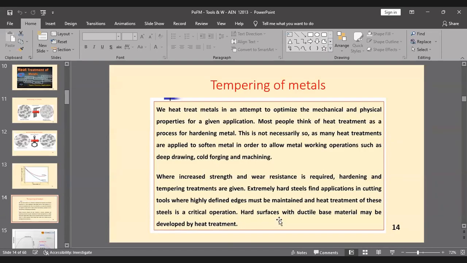Hard surfaces with a ductile base material may be developed by heat treatment. So everything is possible. Right? Next one.